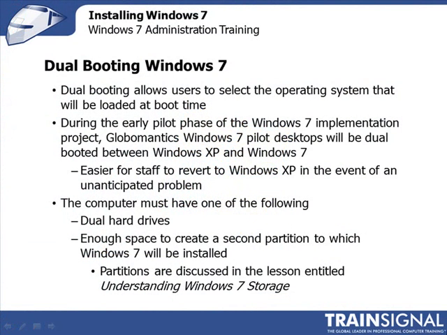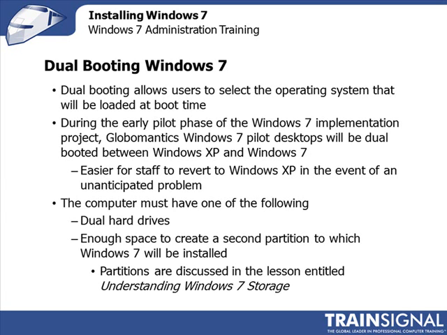We just got done upgrading a Windows Vista machine to Windows 7, but you know already you can't upgrade Windows XP directly to Windows 7. There may be times when you want to maintain that Windows XP installation at the same time you have users testing Windows 7, but you want to give them a fallback in case they run into problems with Windows 7. This is where dual booting comes in.